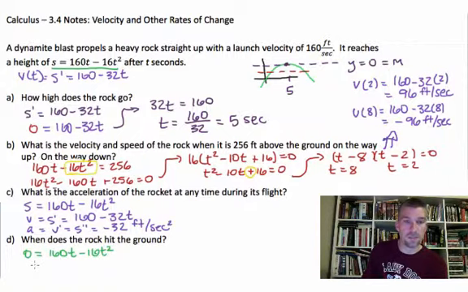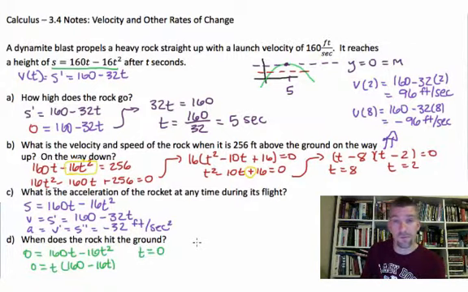And you'll notice there's a t in both places here, so I'm just going to factor a t out. And then we set both terms equal to 0, so t equals 0. Well, we knew that. We had to launch the rock from the ground with the dynamite anyway. And the other part then is 160 minus 16t equals 0.